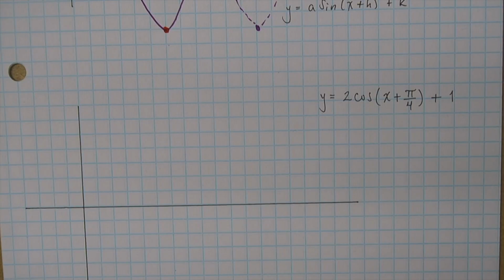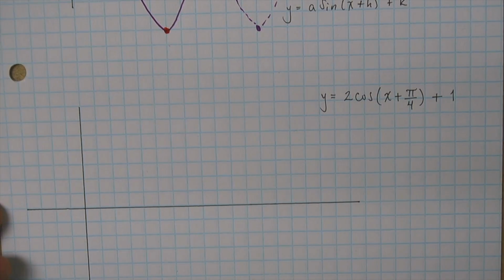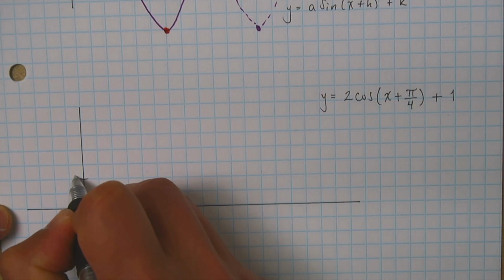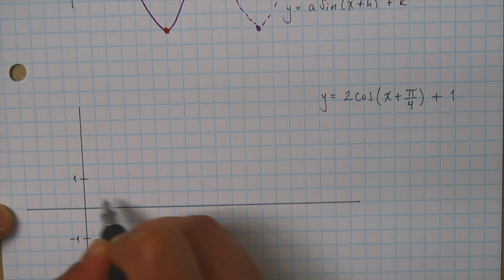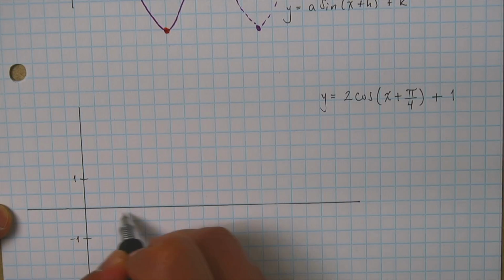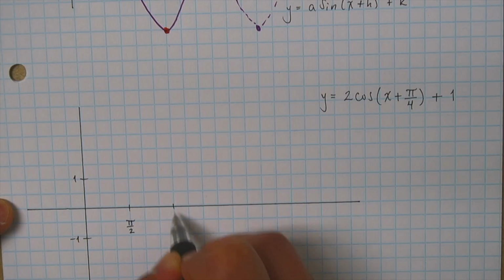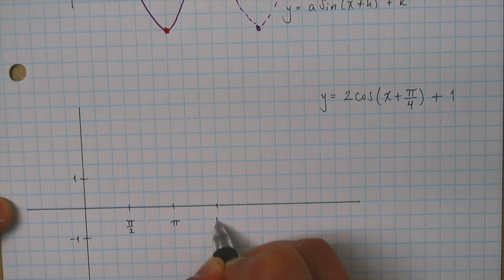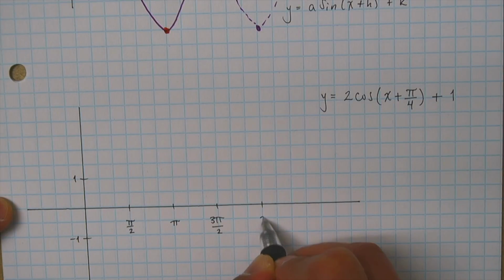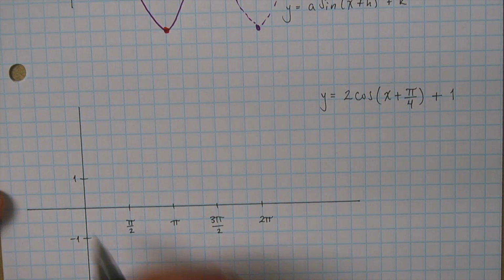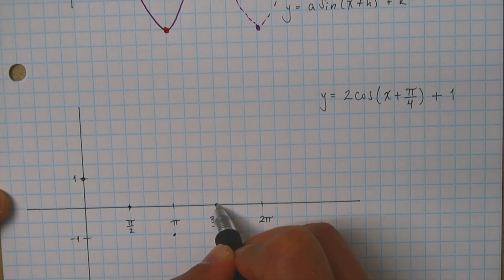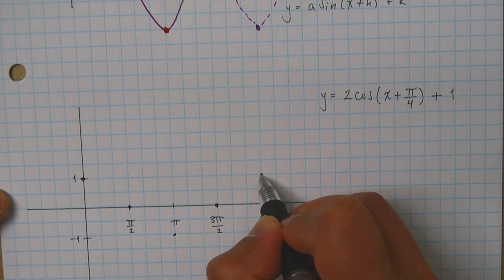Okay, so what do we start with first? We start with our parent function. Cosine starts at 1, -1. So we start here, and we start at pi over 2, and then we go to pi, 1, 2, 3, and then we go to 3 pi over 2, and then 1, 2, 3, and then we go to 4 pi over 2 or 2 pi, and then we start at 1, goes down to 0, down to -1, up to 0 again, and up to +1.